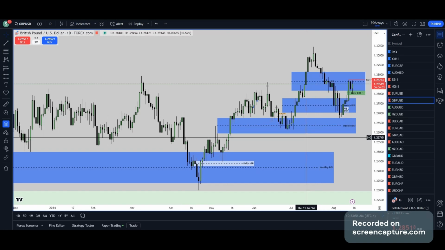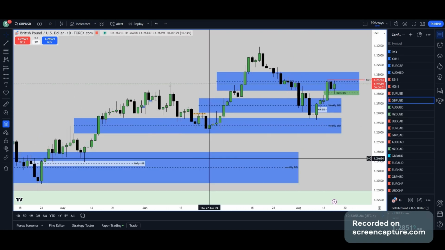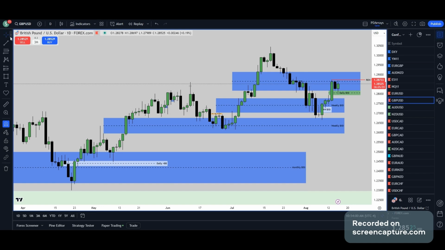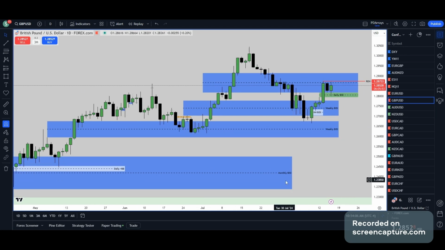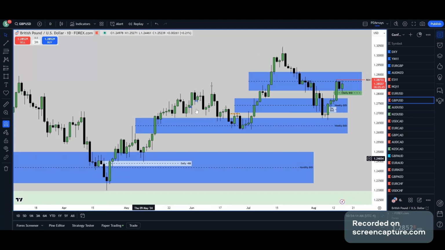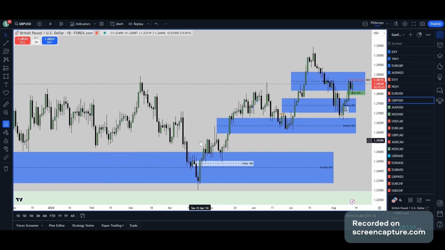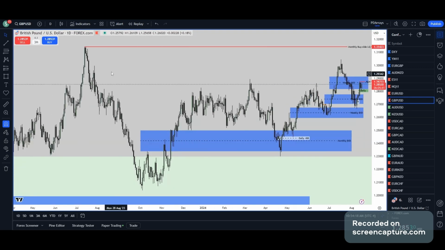But kind of just moving back here, and I'll take this cursor off and just use the arrow or the pointer. Okay, so what I was watching this week, after all this happened, so this is a lot of price action, which frames the basis for a market maker buy model.